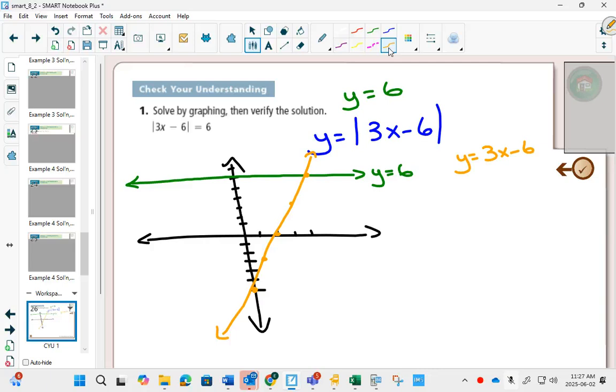In absolute values, it's really important to label your x-intercept at 2, 0. Because when I graph the blue graph, wherever it was positive, that stays the same. And wherever the orange graph is negative is going to get flipped up. So this point on my orange graph, which was at 0, minus 6, is going to show up on my blue graph at 0, positive 6.